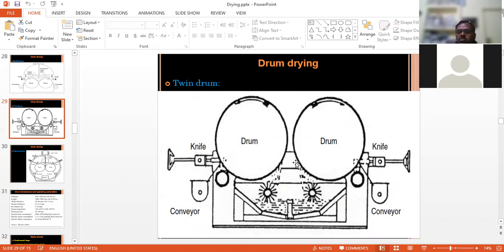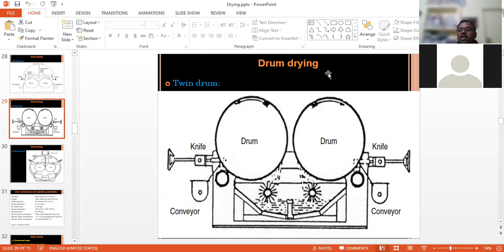The product is collected here, and then collected in plastic bags or carry bags. Then it is ground, and after grinding it is sieved, and then it can be used for marketing.